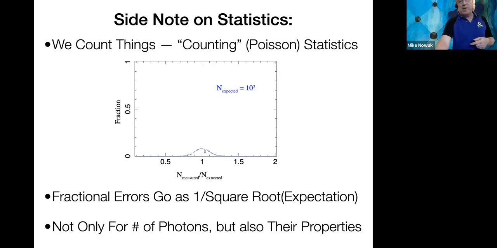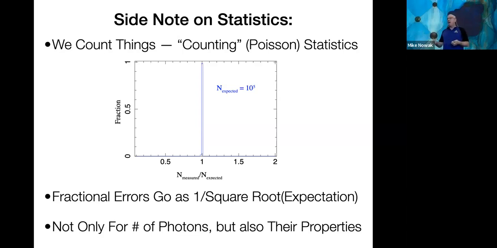If I instead expect to measure 100, you see it's much more clustered around 100. If I expect to see 1,000, it's more clustered around 1,000 still. If I expect to see 10,000, it's much more narrow. If I expect to see 100,000, it's much more narrowly clustered about how accurately I measure.